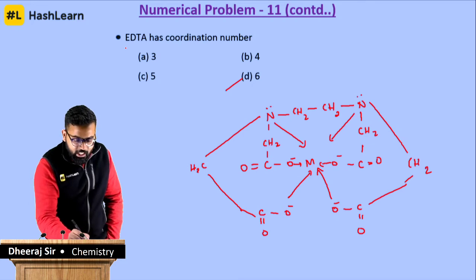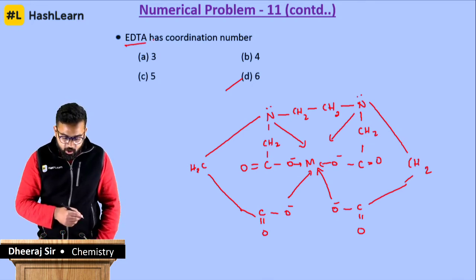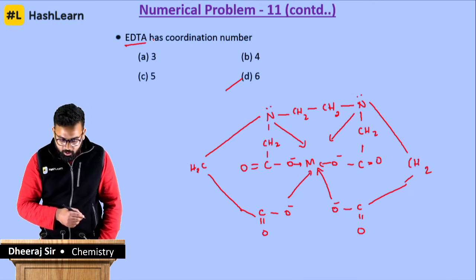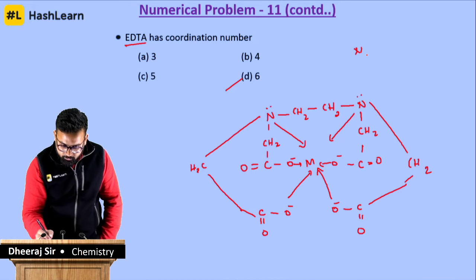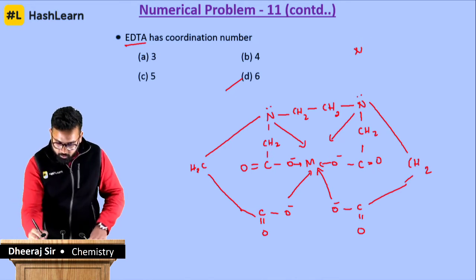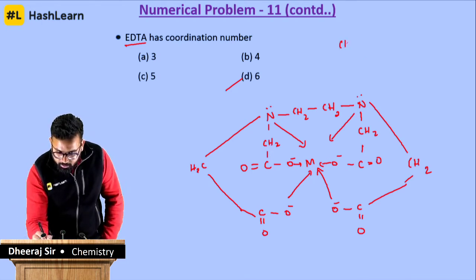EDTA stands for ethylene diamine tetraacetic acid or tetraacetate ion. So all that you have to do is, see, you have nitrogen and ethylene diamine. So I can show it to you this way. CH2, CH2, ethylene. So diamine, amine is NH2 and NH2.